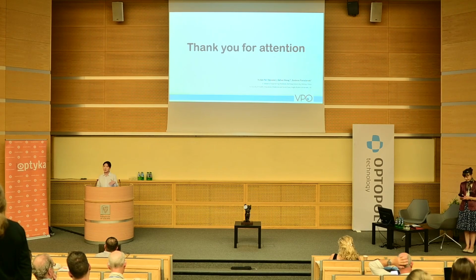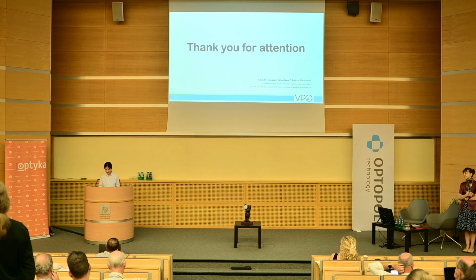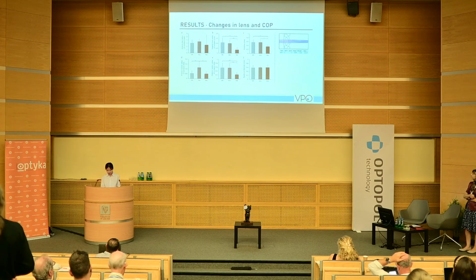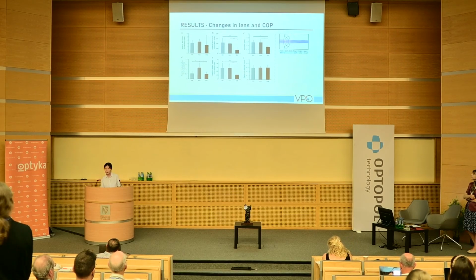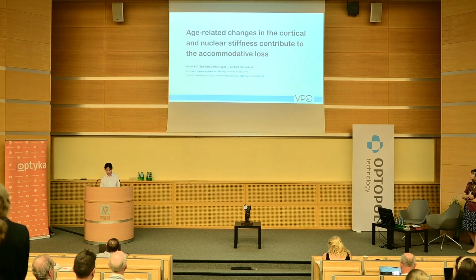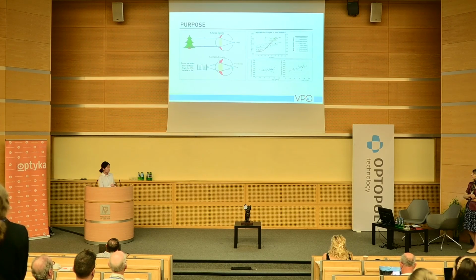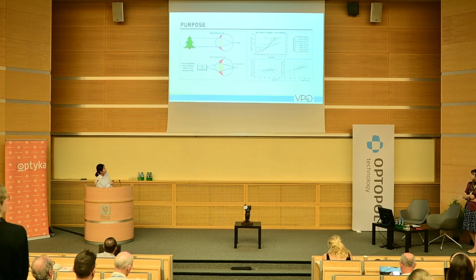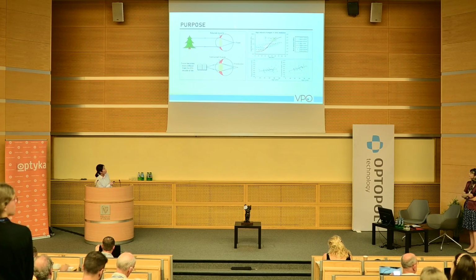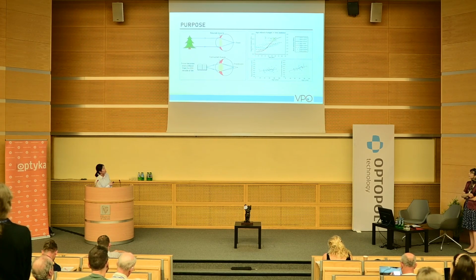You mean the stiffness ratio affects the real lens? Yes. Okay. We can say in this figure, the cortical to nuclear ratio in the real lens increases with age.